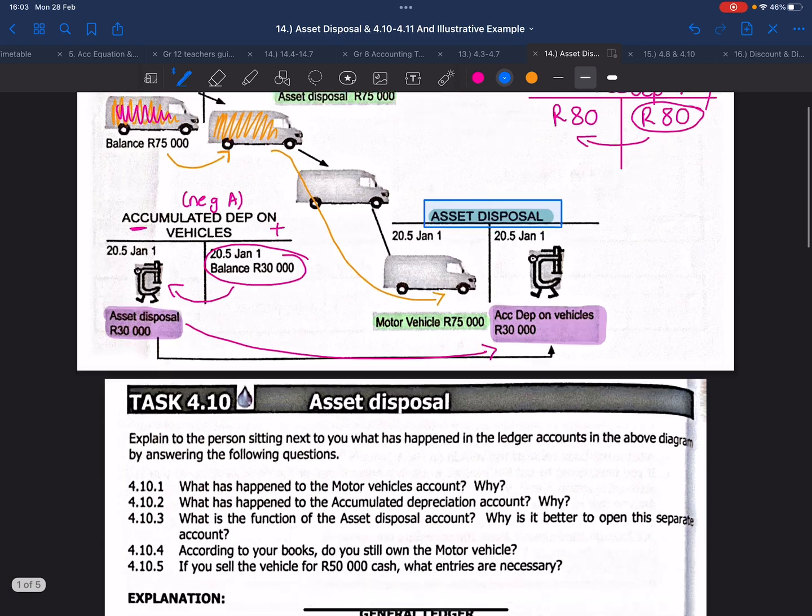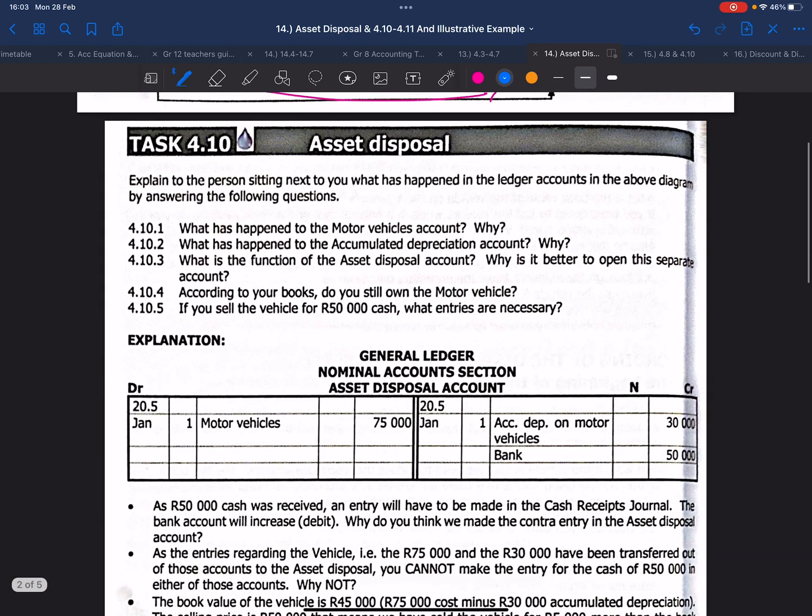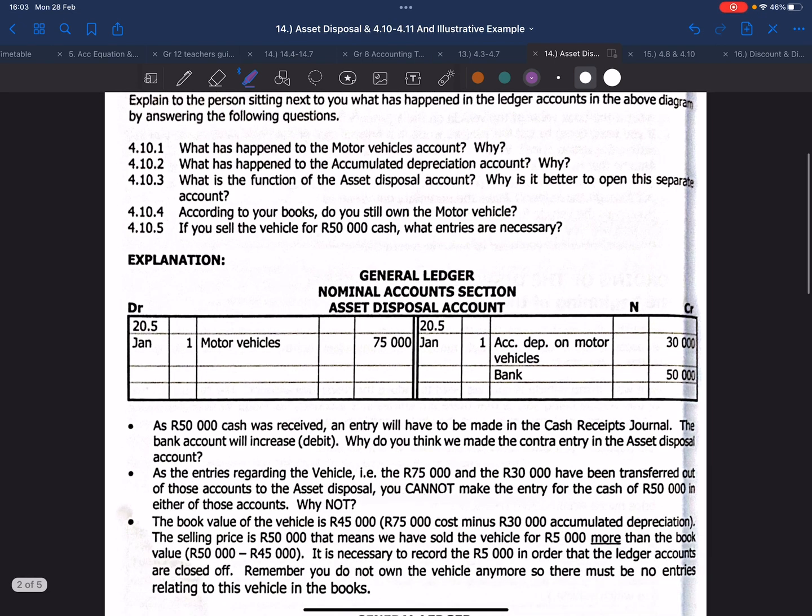So if we look at task 4.10, it says, explain to the person sitting next to you, but we're going to do it together. So the first one, it says, what has happened to the motor vehicles account and why?